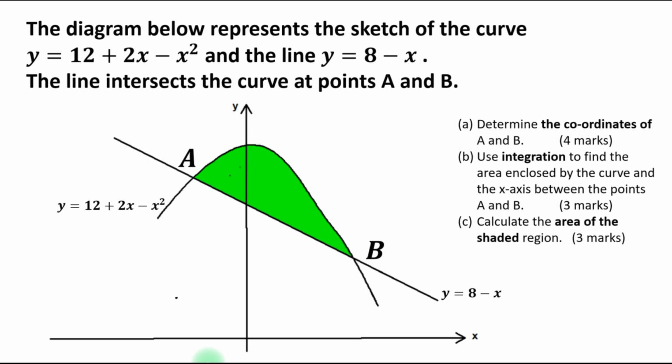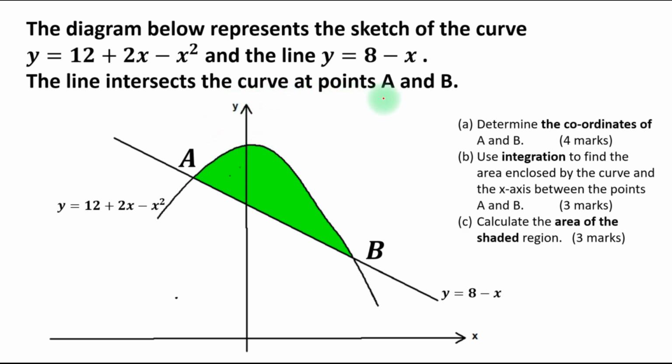I'm teacher Michael Samuel. The question on calculus says that the diagram below represents the sketch of the curve y is equal to 12 plus 2x minus x squared, and the line y is equal to 8 minus x.